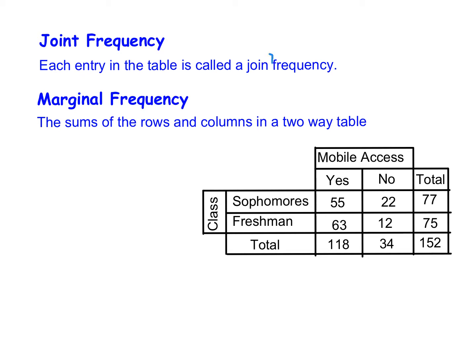It's a joint frequency because it's tying together two details. For example, this box that I just put in red is a joint frequency. Remember, the word joint kind of sounds like together. We are joined, basically. This box right here is a joint frequency because it talks about sophomores that said yes to having mobile access.